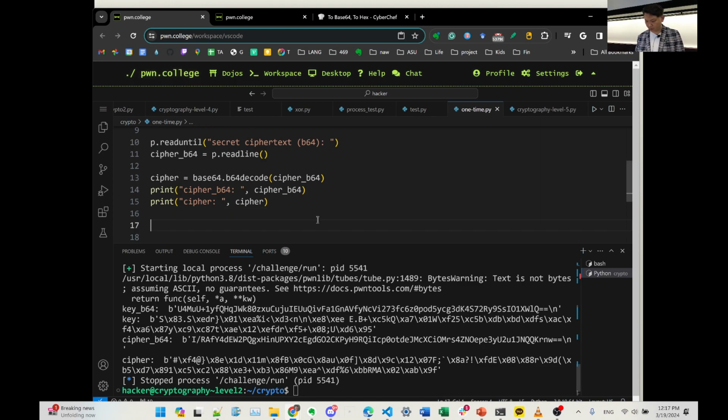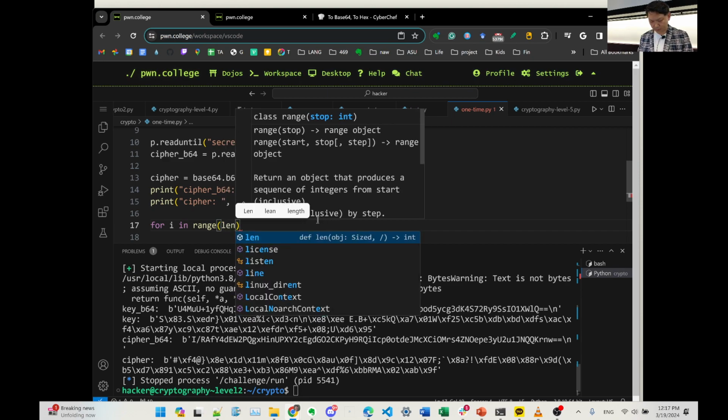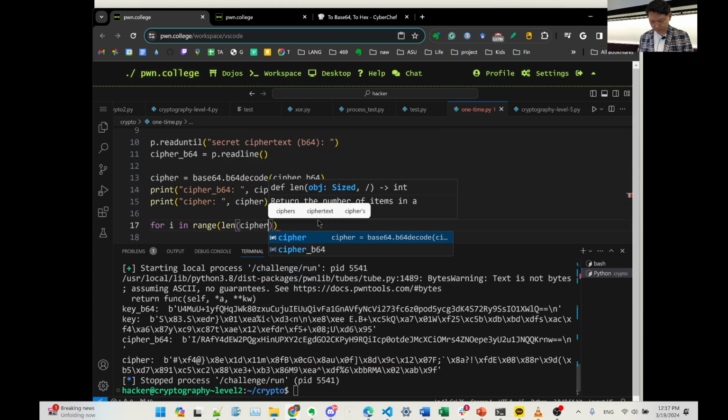So we can use a for loop. So here, for i in range the length of ciphertext.